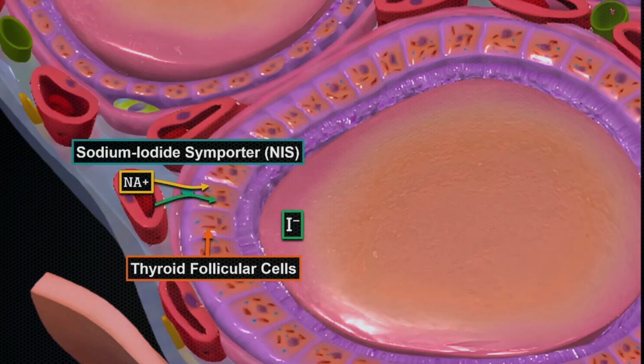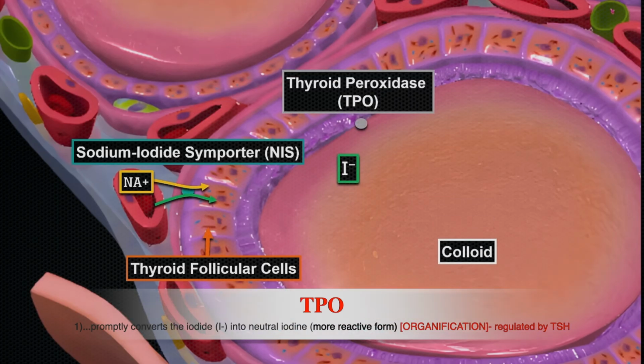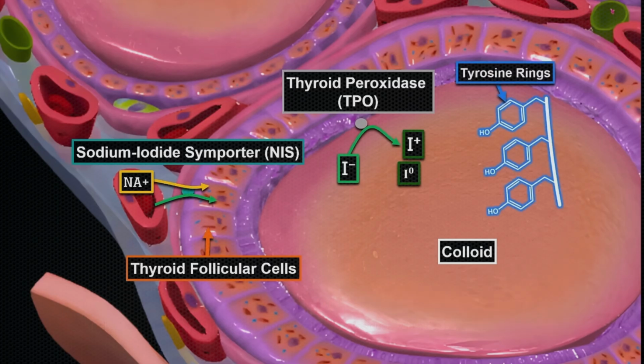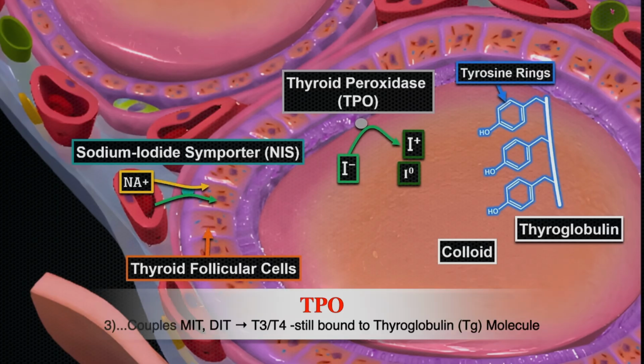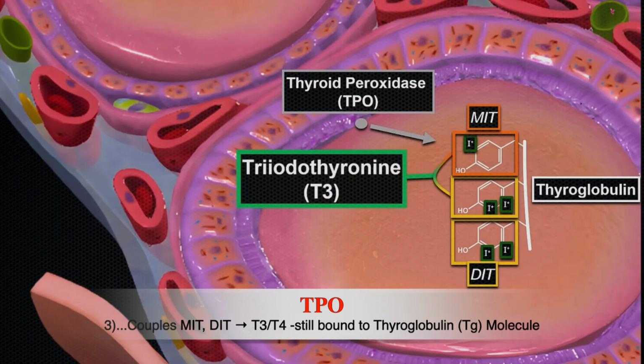Iodide crosses the apical membrane via pendrin into the colloid. Here, thyroid peroxidase, TPO, oxidizes it and incorporates it into a thyroglobulin scaffold, forming MIT and DIT. Finally, TPO couples these molecules to synthesize triiodothyronine, T3, and thyroxine, T4.